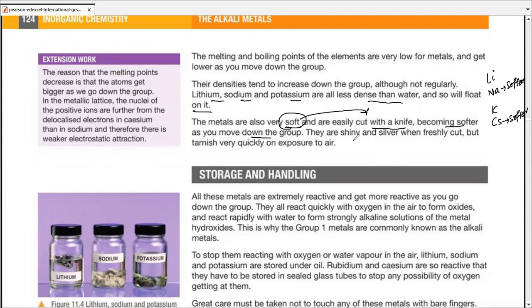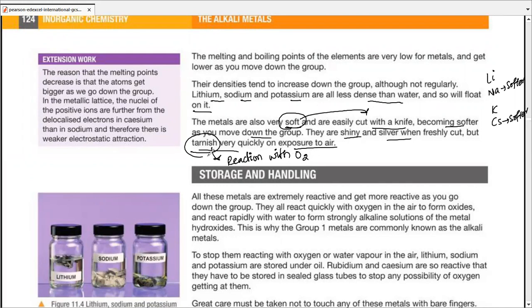They're shiny, and they're silver in color when they're freshly cut, but they tarnish very quickly upon exposure to air. Tarnish is actually a reaction with oxygen. They can easily react with oxygen in the air, and they can change their color. We call this tarnishing.